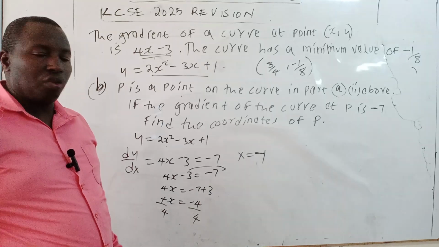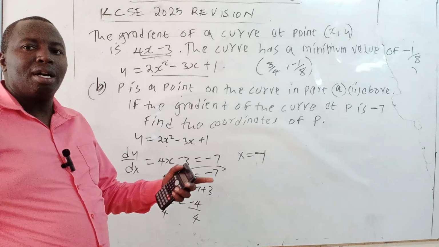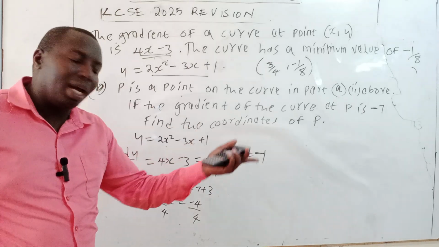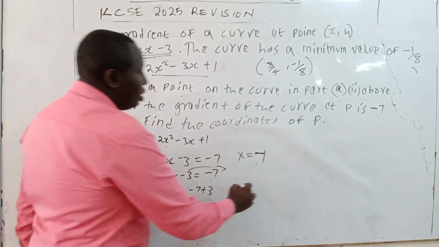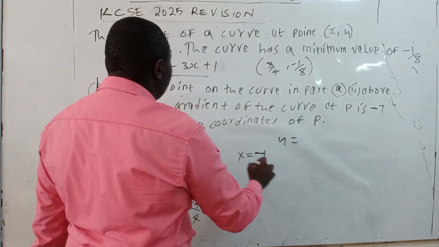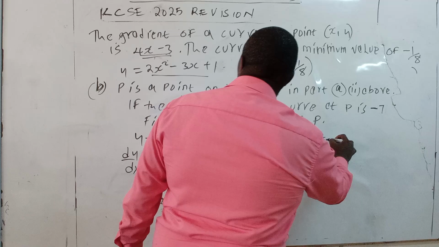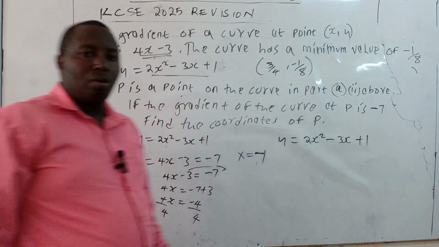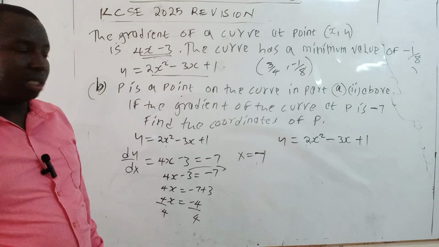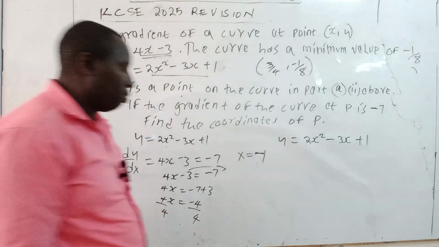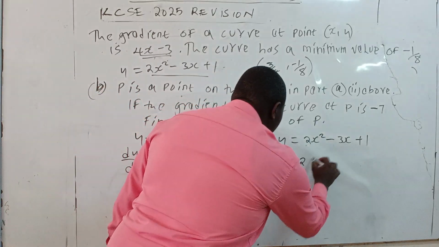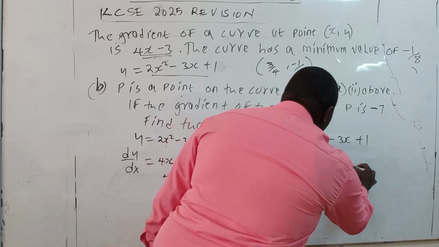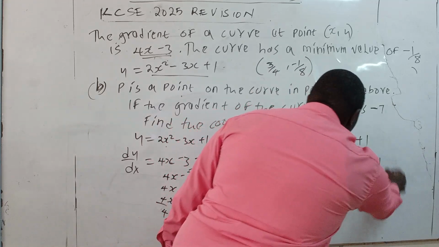So therefore, find the coordinates of P. The coordinates of P means you find now x and y. You already have x is negative 1. So what is y? The equation is y equals 2x squared minus 3x plus 1. So x is minus 1. Y is equal to 2 into bracket negative 1 squared minus 3 into bracket negative 1 plus 1.